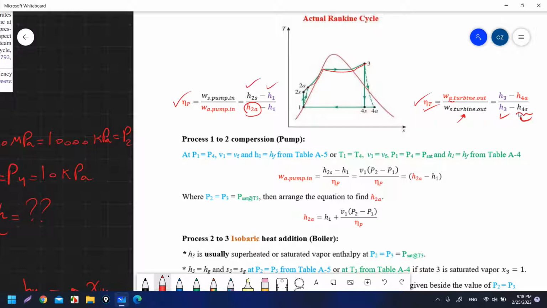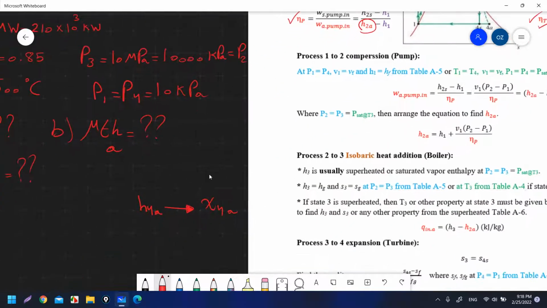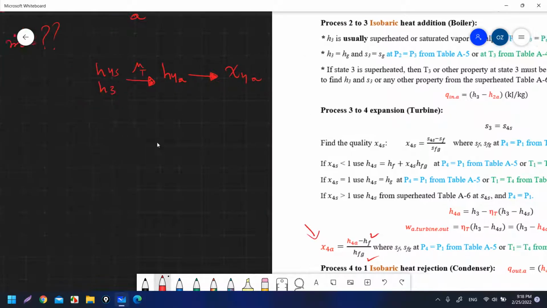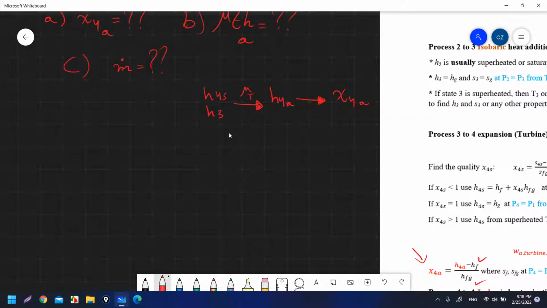So I need to find H4S and H3 in order to use the isentropic efficiency of the turbine to get H4A, and then I can use this equation to calculate X4A. So until now, half of the enthalpies for the ideal Rankine cycle, which are H3 and H4S, we must calculate before we go to the actual enthalpy.